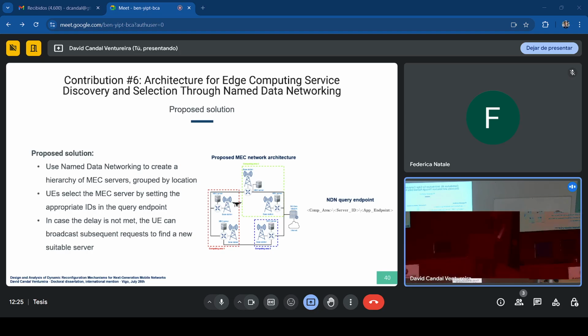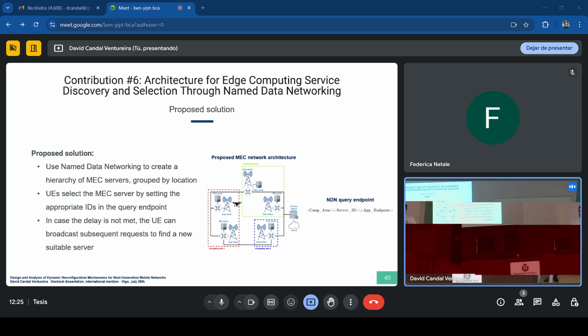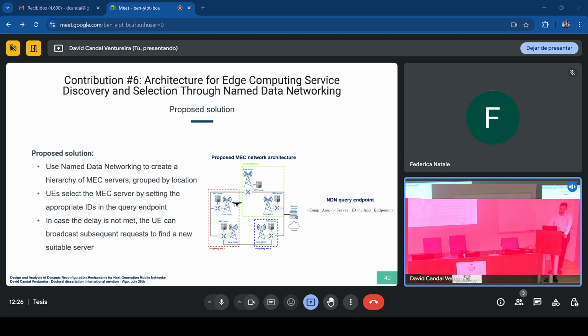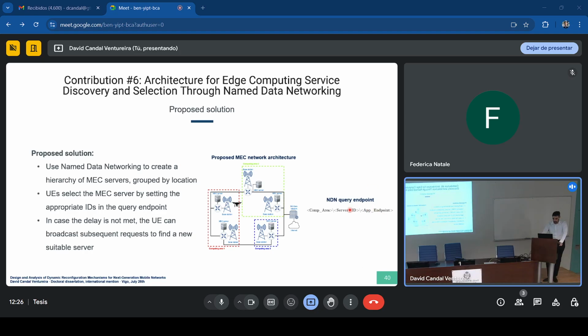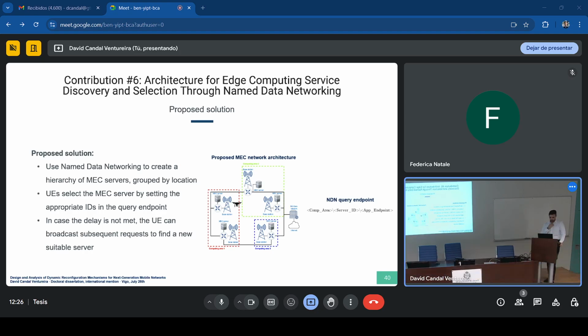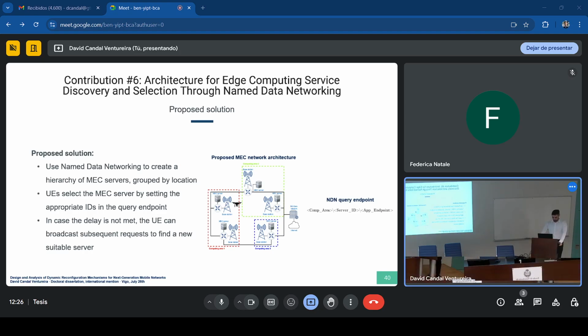The idea is to create a hierarchy of edge servers grouped by location, and to access a server in a specific area, the end device must use a query like this one, including the name of the service and the ID of the server, which includes the hierarchical areas where the server is located.